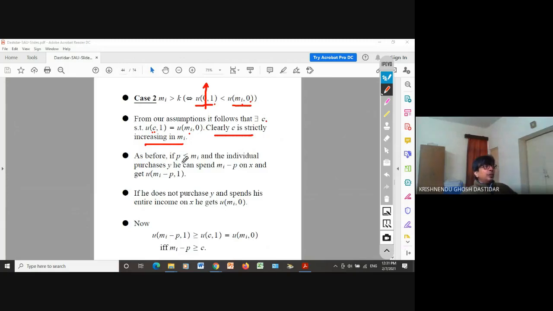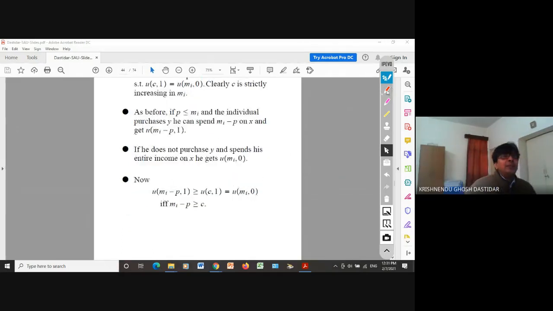Now, as before, if the price of Y is more than M_i, the person will not buy because he's not able to buy. If the individual purchases Y, he can spend this much on X and get this. And if he does not purchase Y and spends his entire income on X, like before, he gets this much. So from the utility functions, we get this inequality.